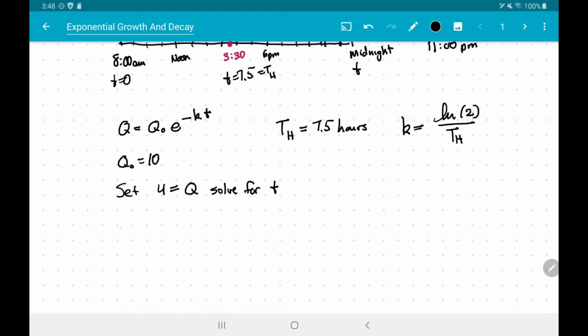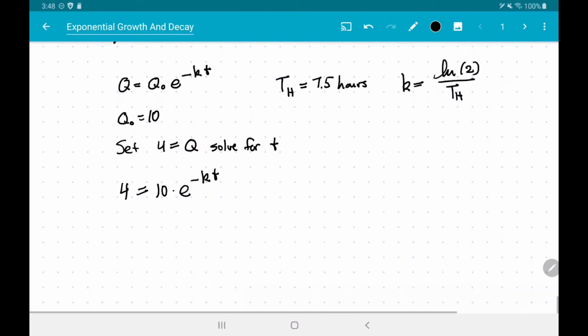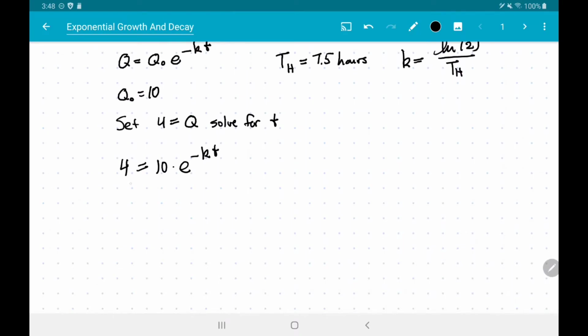Okay, so Q is 4, right? Equals Q sub 0, which is 10, that's the initial dose, times e to the negative kt. Now we need to solve for t. Well, what should we do first? We'll divide by 10. So that leaves us 4 over 10 equals e to the negative kt.